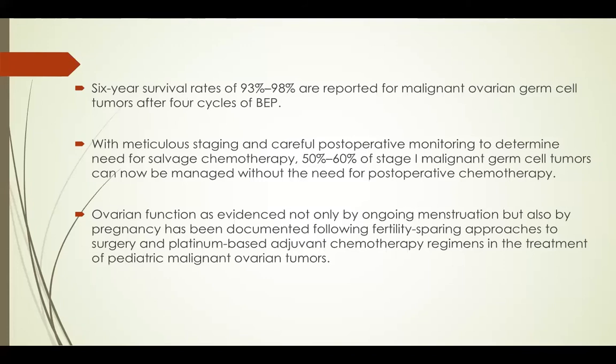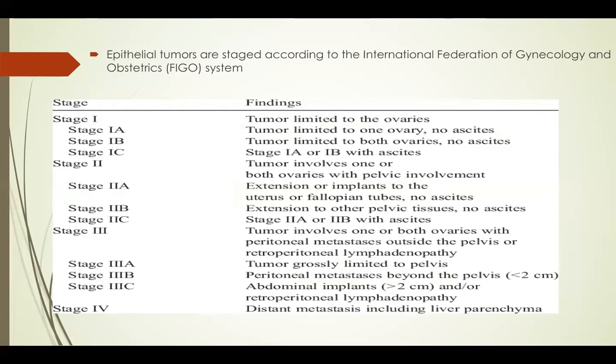There are pregnancies documented even after those cycles of chemotherapy, because the chemotherapy used is less toxic for the ovary. Epithelial cell tumors are staged according to the FIGO system, which is the same as in adults.